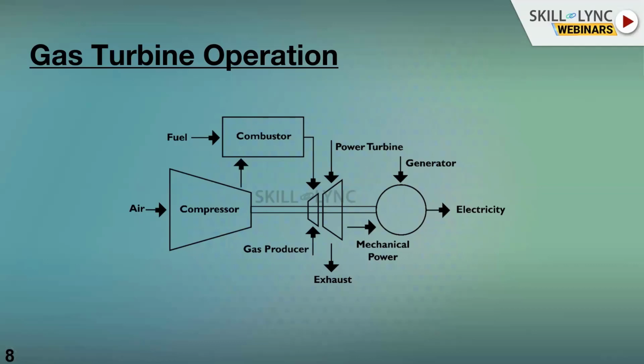And from here, the exhaust gases which you see, which are released from the power turbine, can actually be used for a combined cycle power plant, because the exhaust gases are actually high temperature air which is going to come out.